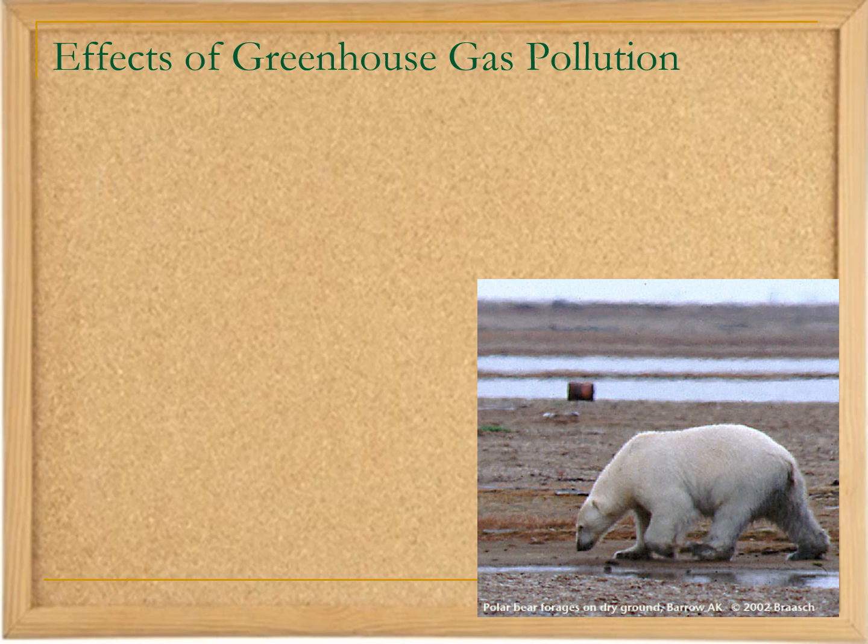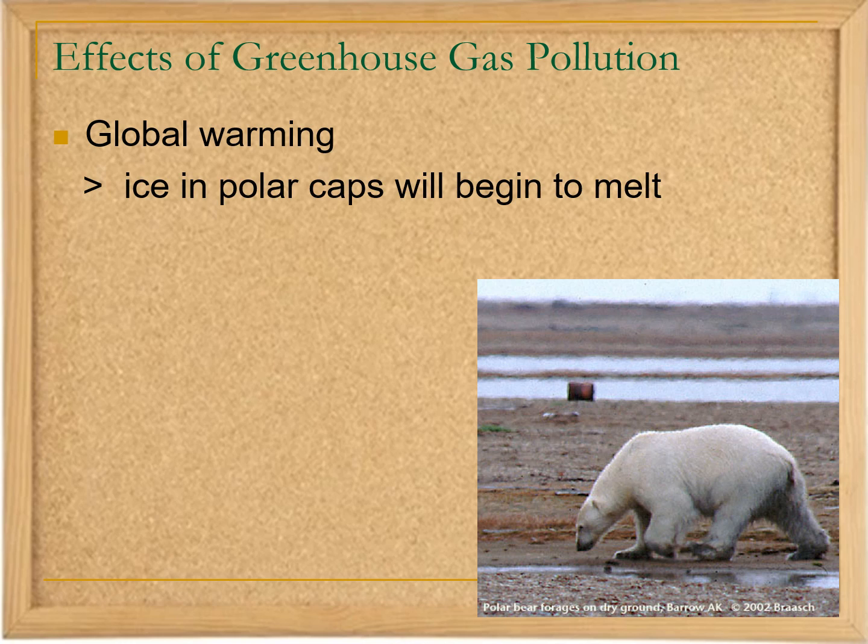One of the main impacts of your greenhouse effect is global warming. The Earth is getting warmer. So what will happen? Ice in the polar caps will begin to melt. The polar caps, like your glaciers in your North Pole and South Pole, are melting, or shall we say the big chunks of ice.